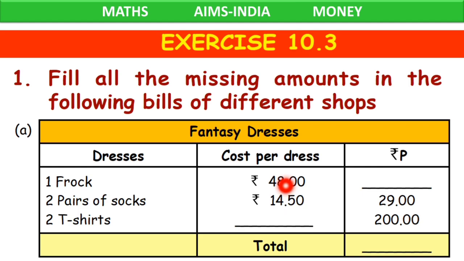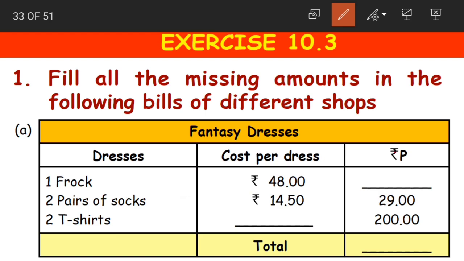If you look at some of the problems based on this, here the cost per dress is given. We have to find out the total price. One frock costs 48 rupees. And what will be the total rate?